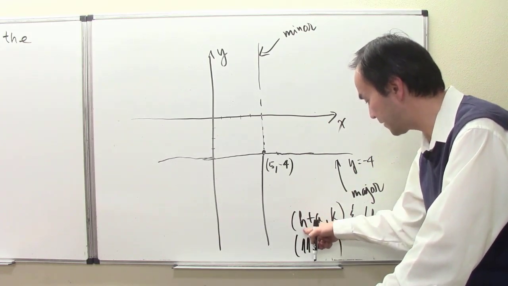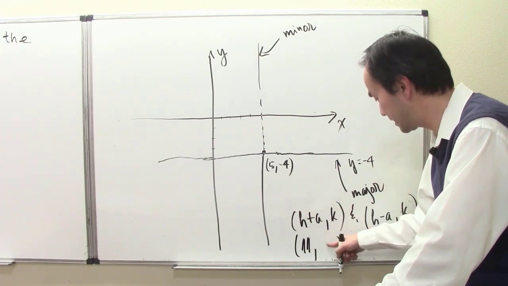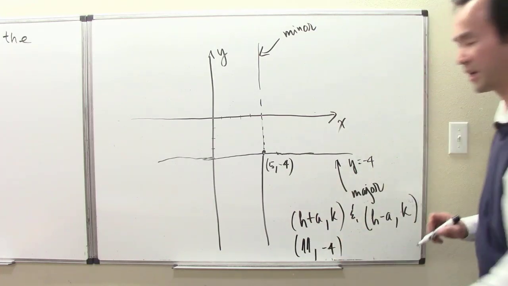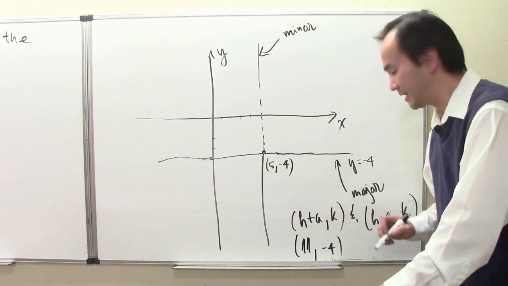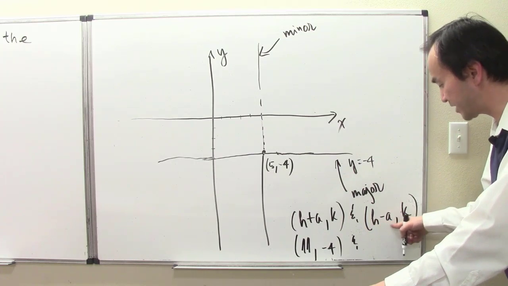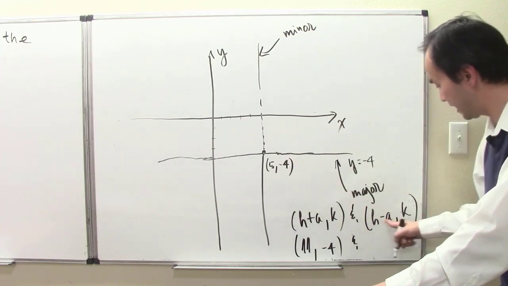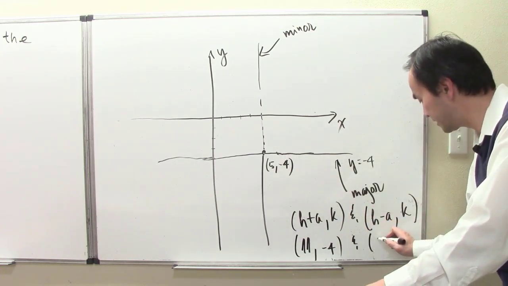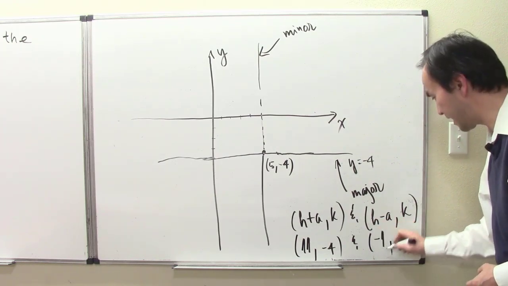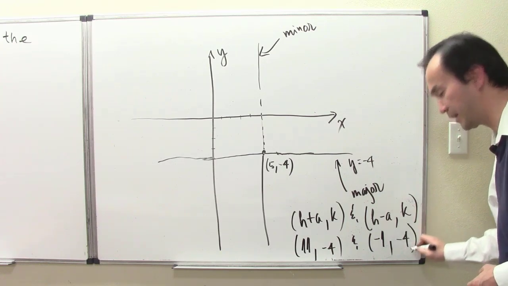So 5 for h, 6 for a. k was -4, so I put -4 here. All right, and now for the other point, h minus a, 5 for h, a is 6, so now I'm looking at 5 minus 6, -1, and the k value remains the same, -4.